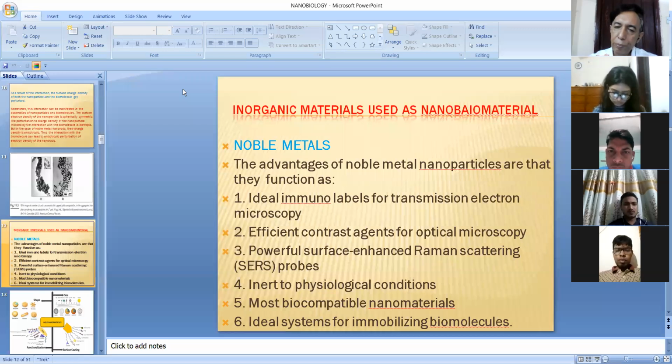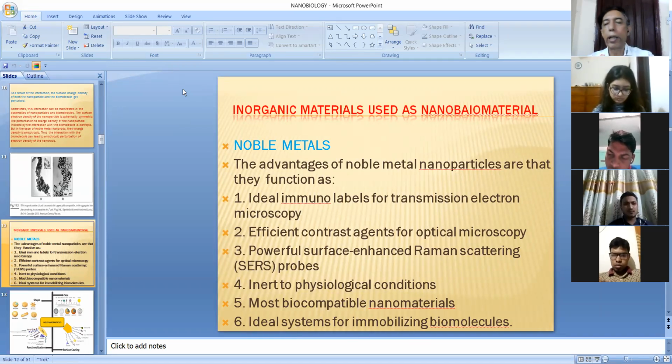So if we use gold or silver as a nanobiomaterial, they become very much detectable by the electron microscopy.